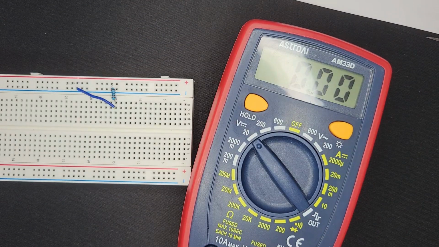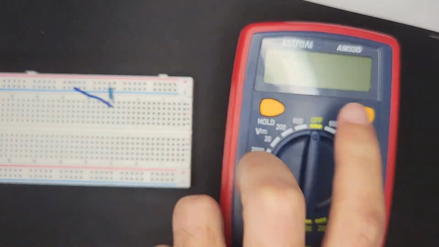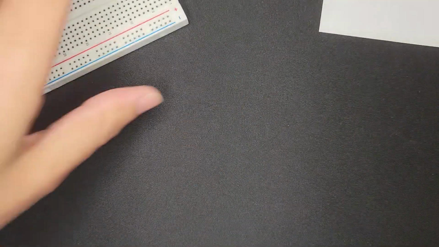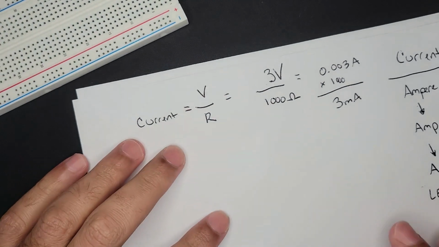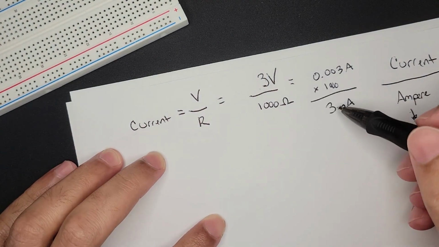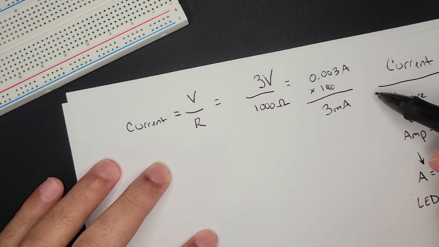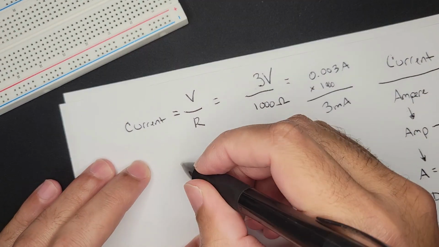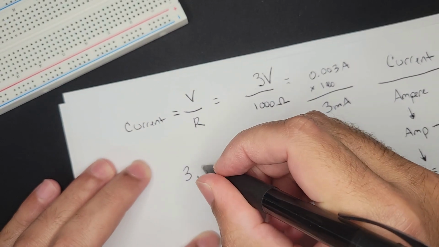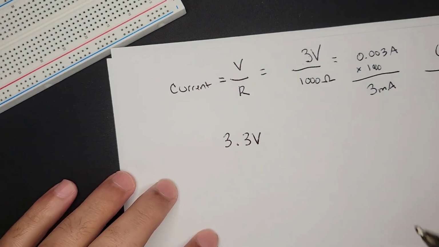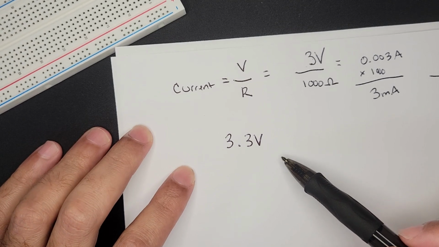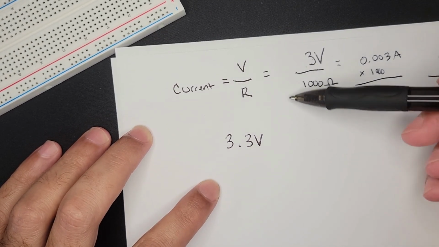So let's just write down what we know. In this circuit, our voltage running through the resistor is 3.3 volts. And the way to calculate this, this is where it gets confusing for me, but we'll just work through it together.